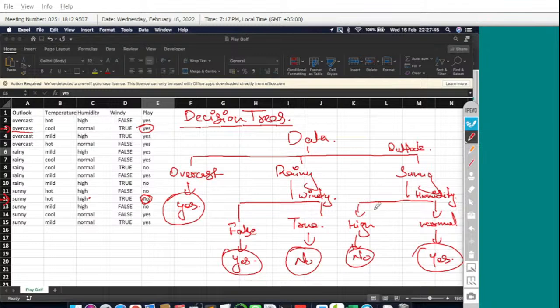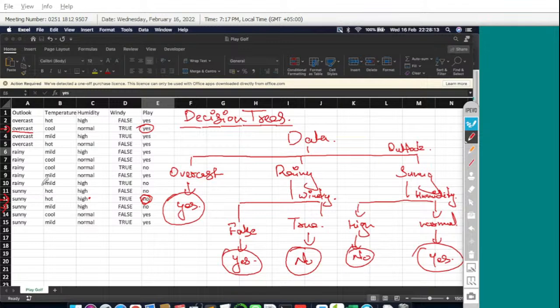So this tree is clear, everyone? Thirteenth row? I don't think so. 13th is contradicting. It's fine. Perfect.